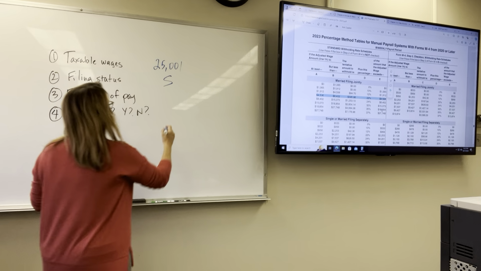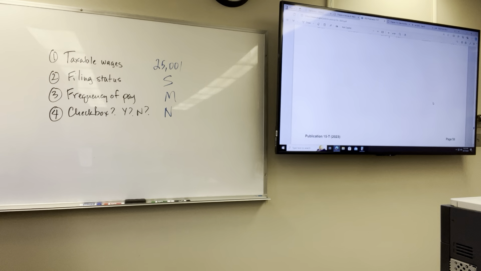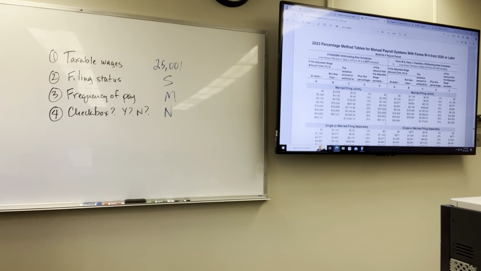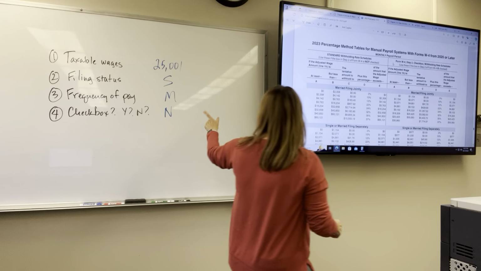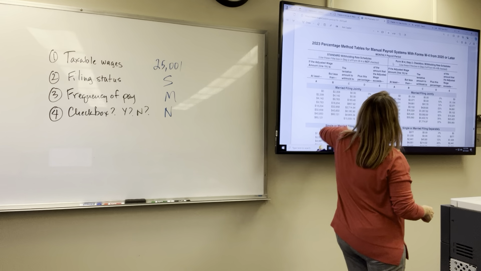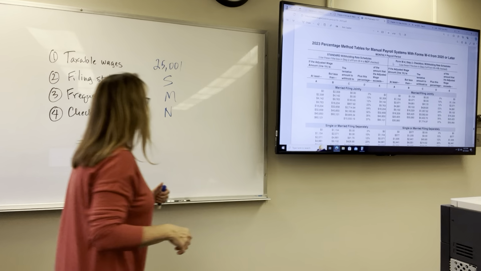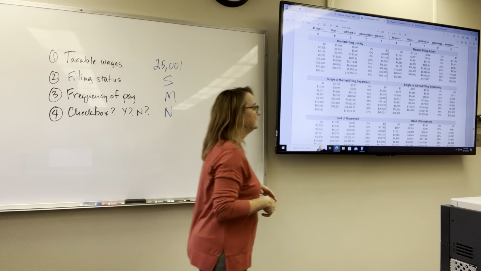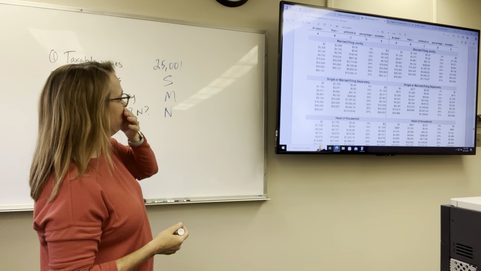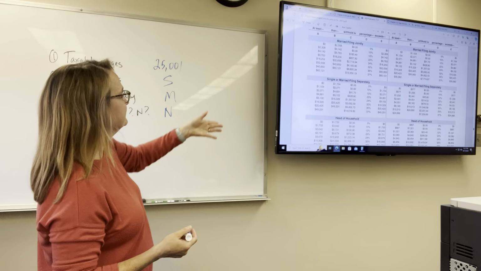No. All right, so monthly, so we're gonna find the correct table for monthly. All right, there's monthly. No checkbox, so we're gonna use the standard withholding rate schedules. And they are single, so we've gotta choose this table here. Look, it's not even the highest. You're not even in the highest tax bracket at 25,001. You're not even in the second highest, actually.